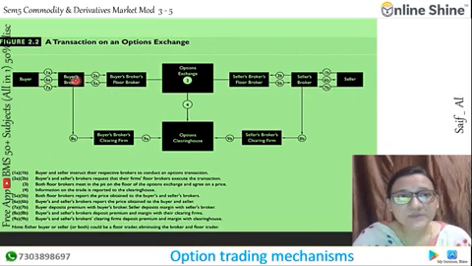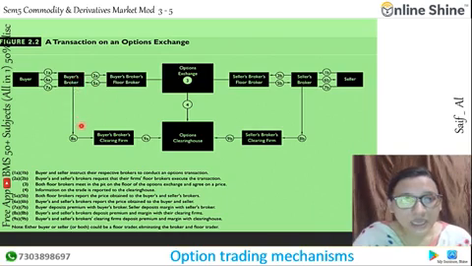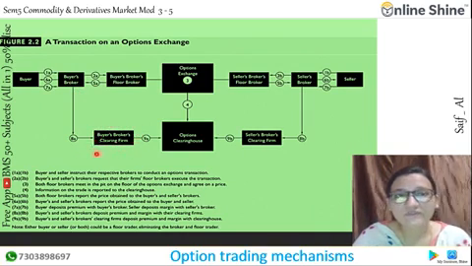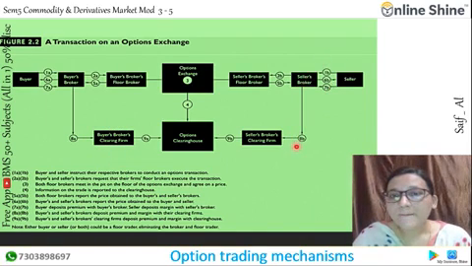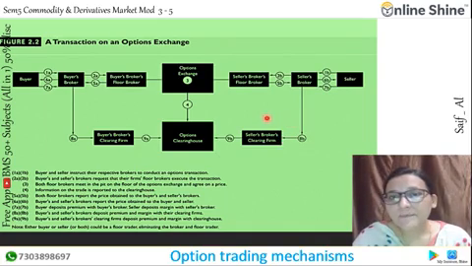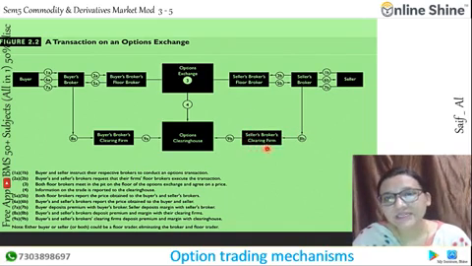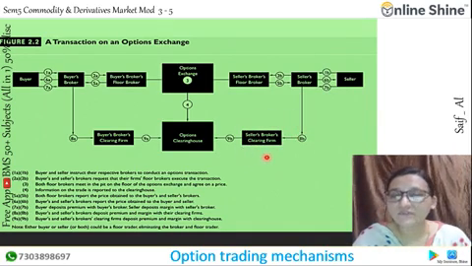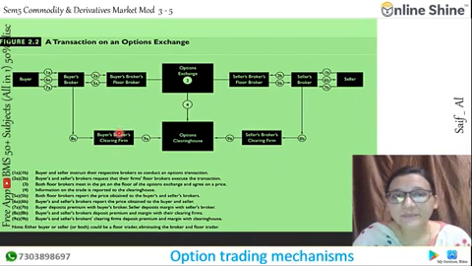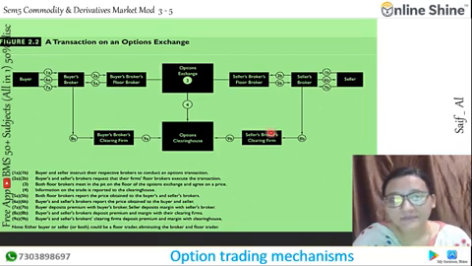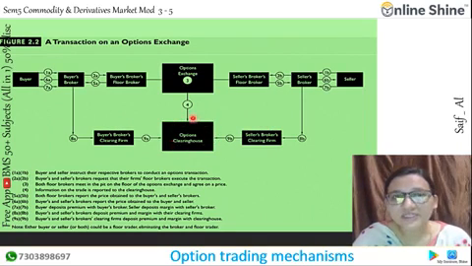Now the buyer broker deposits the premium with the buyer clearing firm, and the seller broker pays the margin to the seller broker clearing firm. Now both have to submit the premium and the seller margin to the option clearing house.